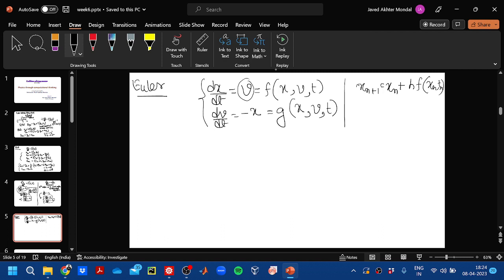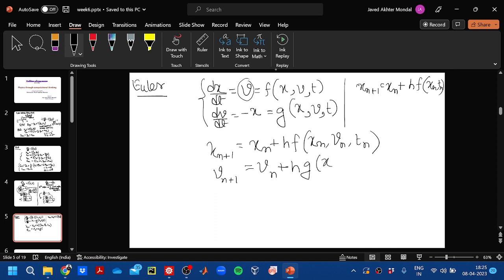In the same way, we can write here that xn plus 1 equal to xn plus h into f of xn, vn and tn, and vn plus 1 will be equal to vn plus h, and here the function is different, so it will be g of xn, vn and tn.